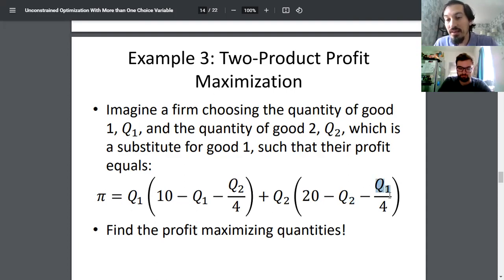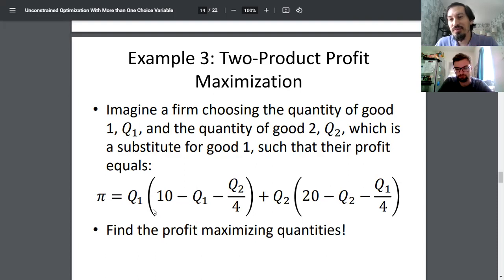But then once again, there is this substitution term here that says the amount I can charge for good 2 is smaller as I produce more of good 1. Like if I'm making a bunch of laptops and I've already flooded the market with a bunch of iPads, then people are willing to pay less for the laptops because they may already own an iPad, something like that.